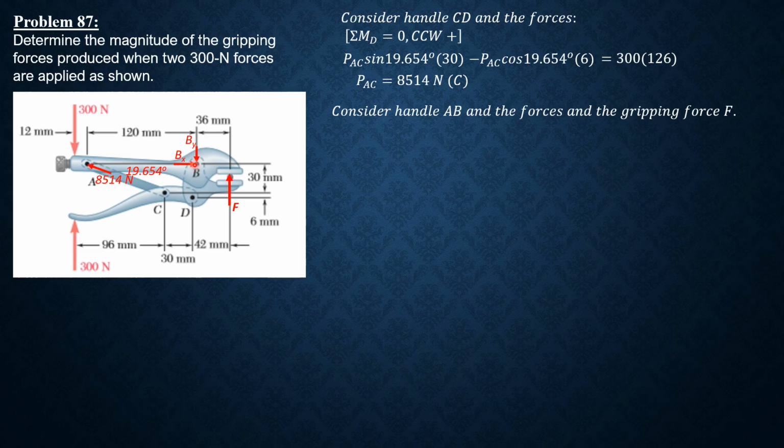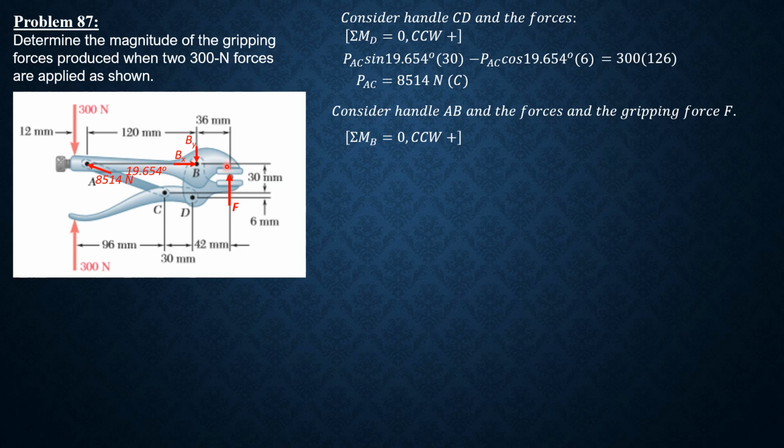So let's sum up moment about B, counterclockwise positive. So 8514 has two components, vertical and horizontal, but the horizontal component passes through B, so it produces no moment. And the vertical component is clockwise.